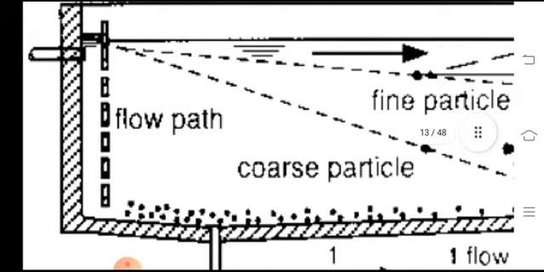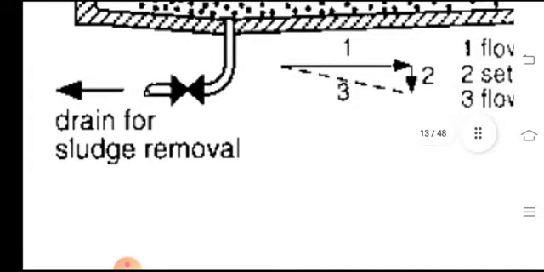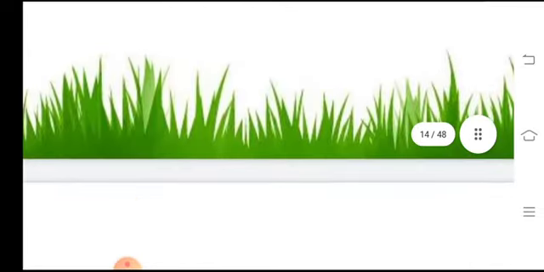At the same time you can see the flow path through these baffles, which are baffle walls, and these are actually provided in the inlet zone. So this is for sludge removal.